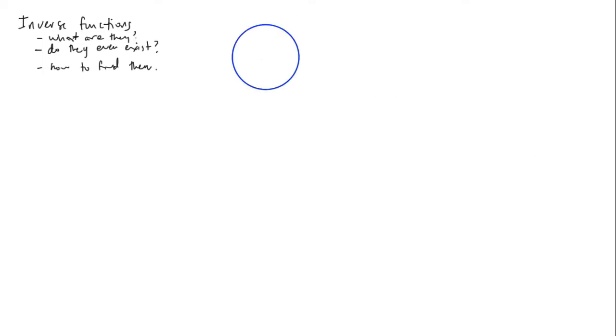Okay, so let's take sort of a cheesy example. Let's say that we have a blue set and a red set. We have some function which goes from the blue set to the red set, and let's say that that function is f. An inverse function is something that would take us from the red set back to the blue set.